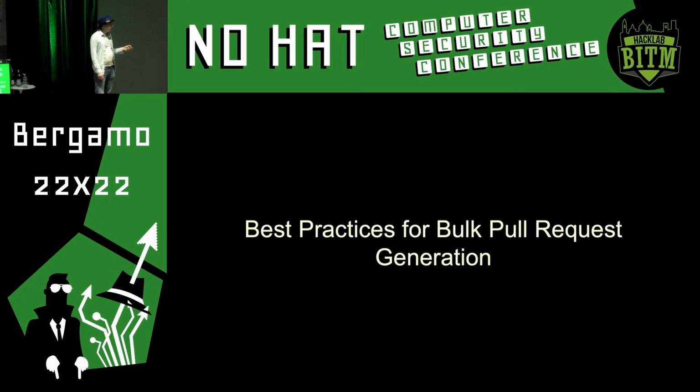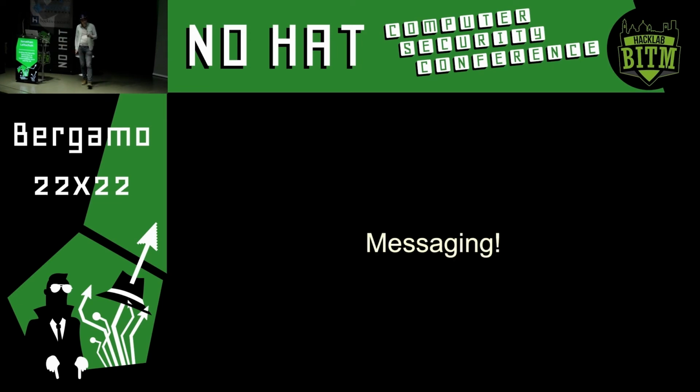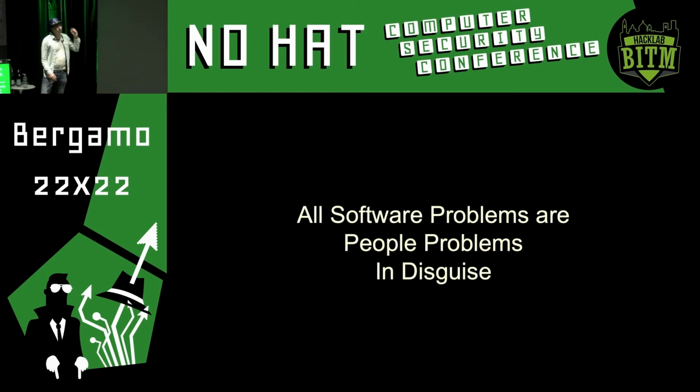So with the time that I have left, I want to discuss some of the best practices for bulk pull request generation. Messaging. You are dealing with real people when you're doing this. There's this saying, all software problems are people problems in disguise. And I have just thrown a software solution at a people problem.